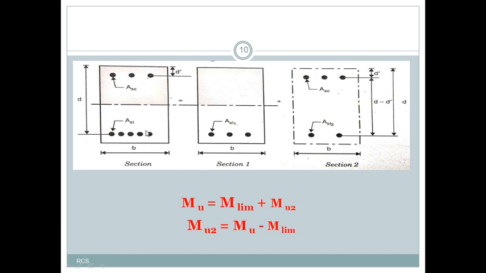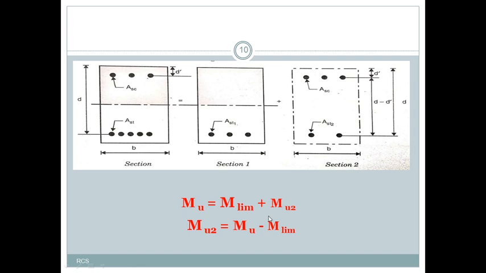Right. So as we know, Mu, the total moment resisting capacity of a doubly reinforced beam, is equal to the moment resisting capacity of this section plus the moment resisting capacity of this section. So Mu, the ultimate moment in a doubly reinforced beam, is equal to the moment in the balanced section plus the moment in section 2, that is the additional steel reinforcement section.